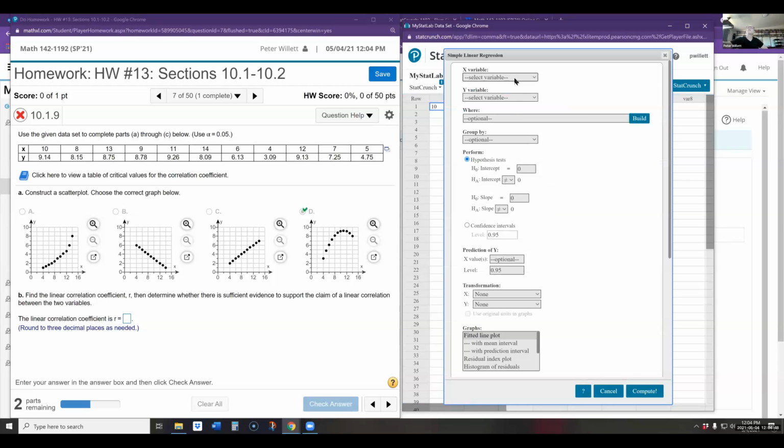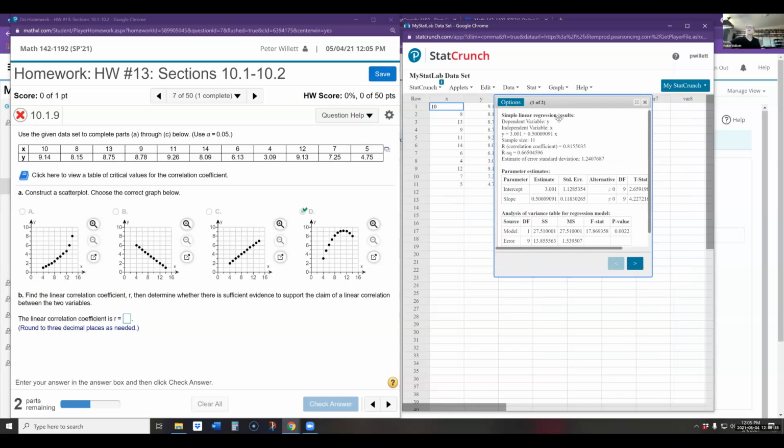So again, we're going to pick the X and Y variables. And we could talk about a hypothesis, but the default's always going to work for us because our null is always going to be, they're separating the slope and the intercept, but for our purposes, the null is always going to be 0 and the alternative is always going to be not 0. So we never really have to mess with that happily, and we can just go compute.